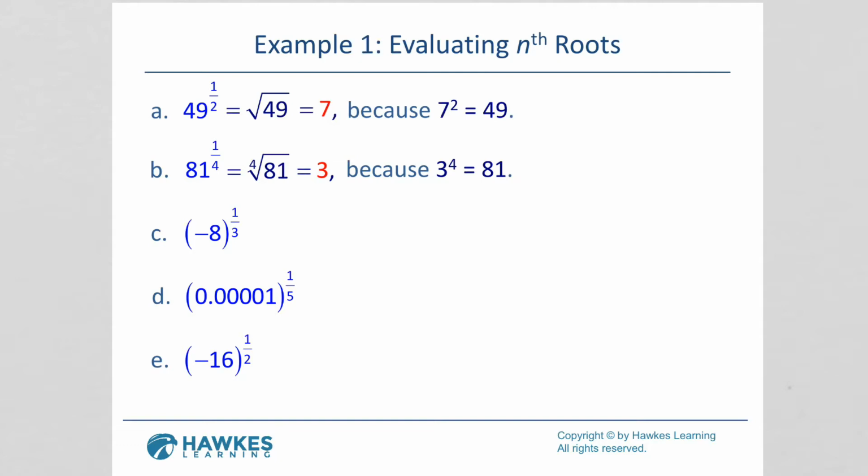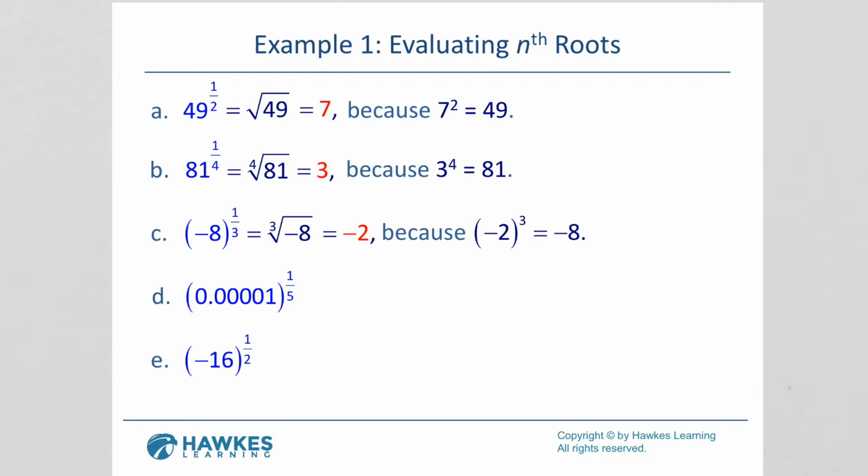Example 1c, -8, that quantity, to the 1/3 power, is equal to the cube root of -8, which is equal to -2, because when I take -2, that quantity, to the 3rd power, it equals -8.